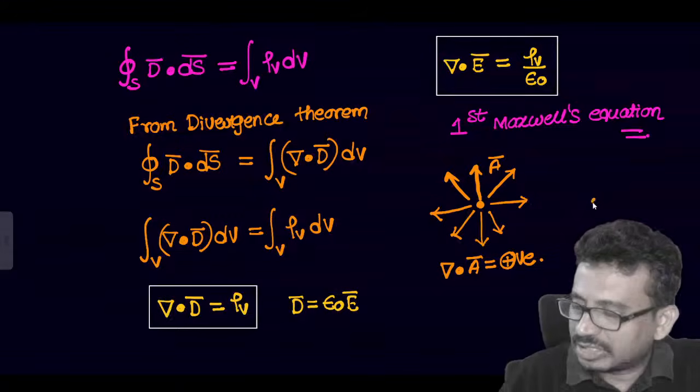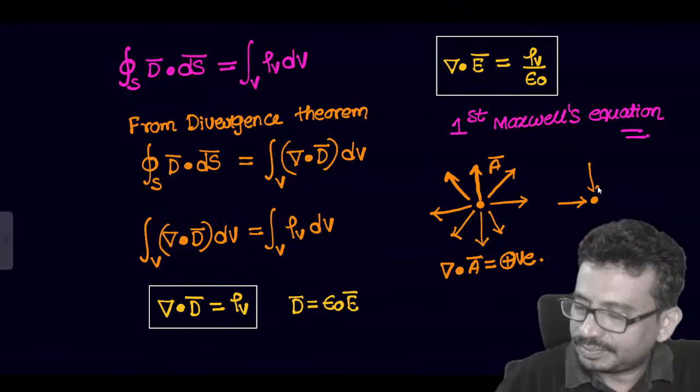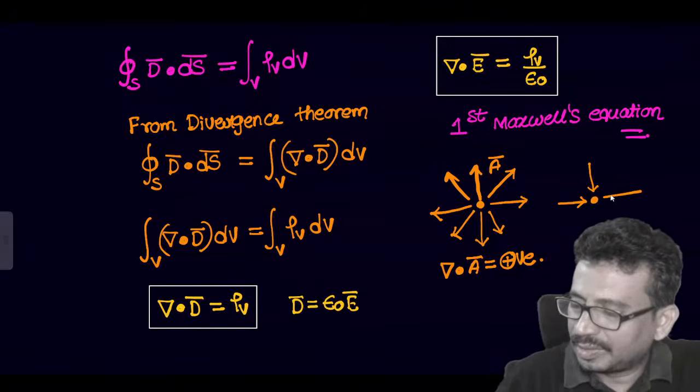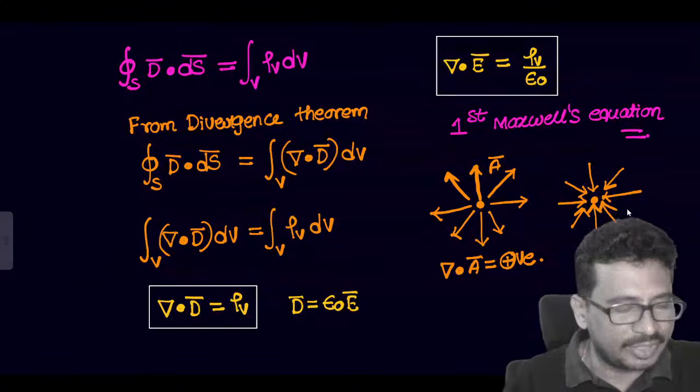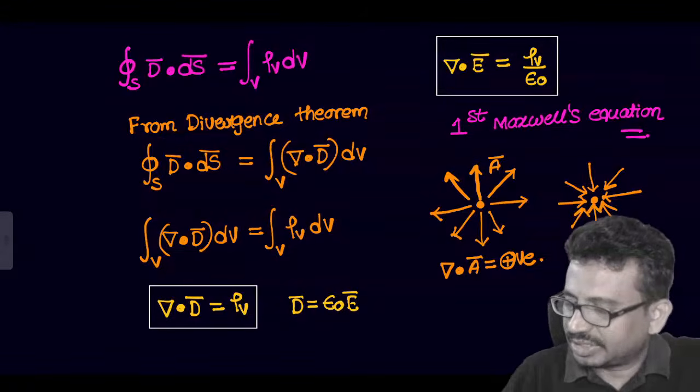Now if we take some other point, and the field is like this, the field is coming and it gets nullified. So in this case, the divergence is negative.